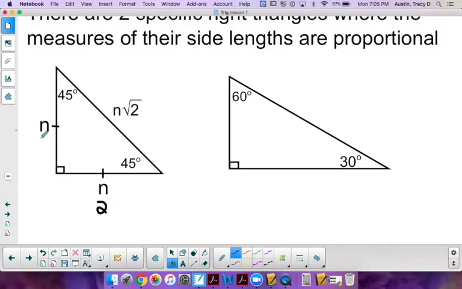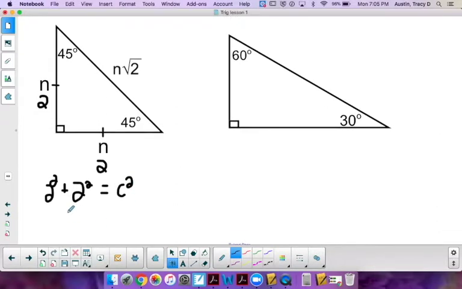Let's say we pick 2. Then 2 squared plus 2 squared equals c squared. Well, 2 squared plus 2 squared is 8, 4 plus 4.